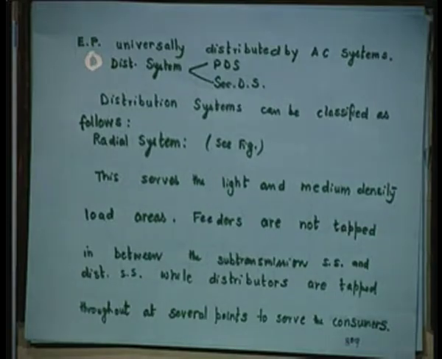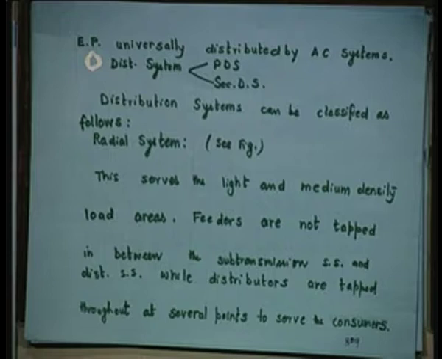Now, distribution systems can be categorized into two parts: primary distribution system and secondary distribution system. Distribution systems can be classified as follows: the radial system and the lateral system, the normal system. The radial system serves light and medium density load areas, especially lighting, mainly in houses.